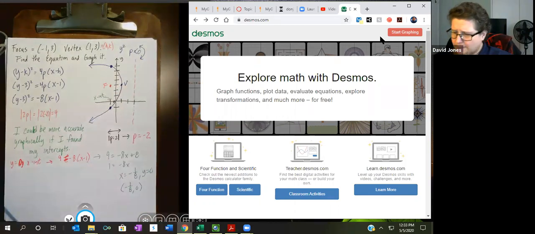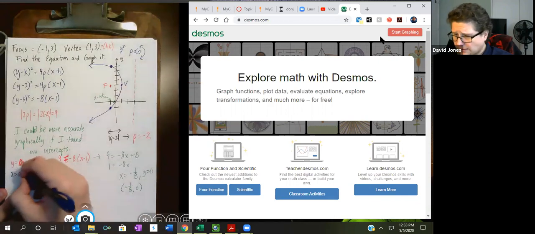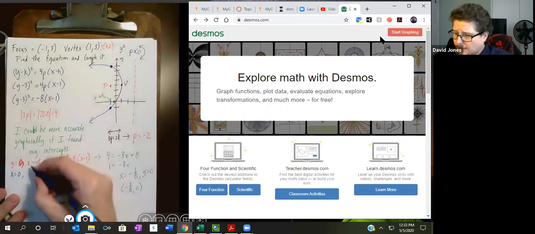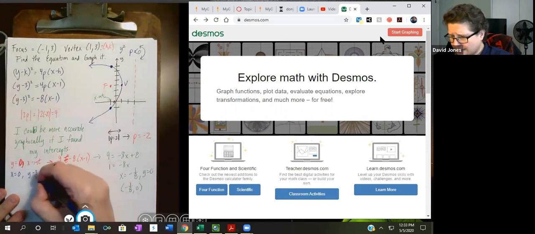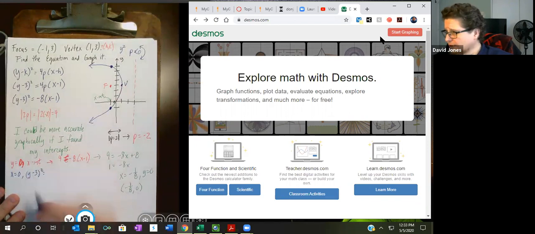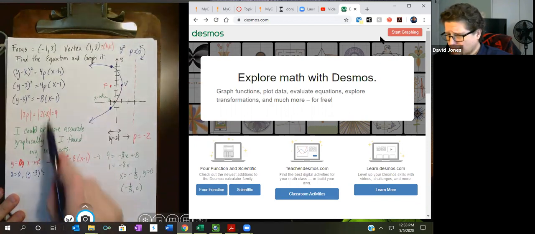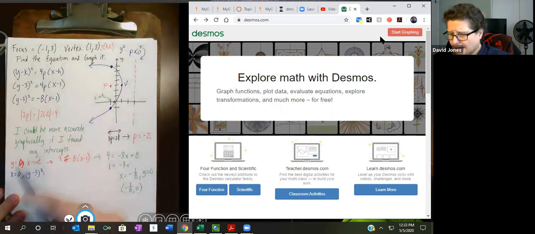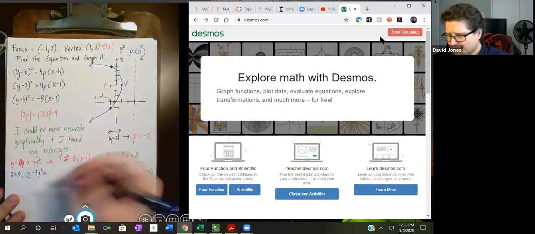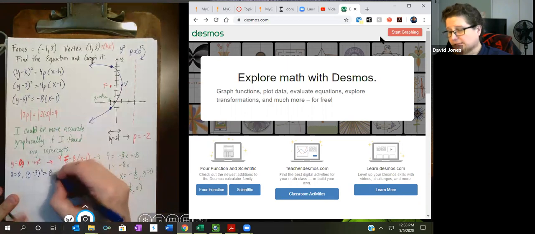My y-intercepts is when x equals 0. I have (y − 3)² equals, if I plug in x equals 0, -8 times -1 is +8.